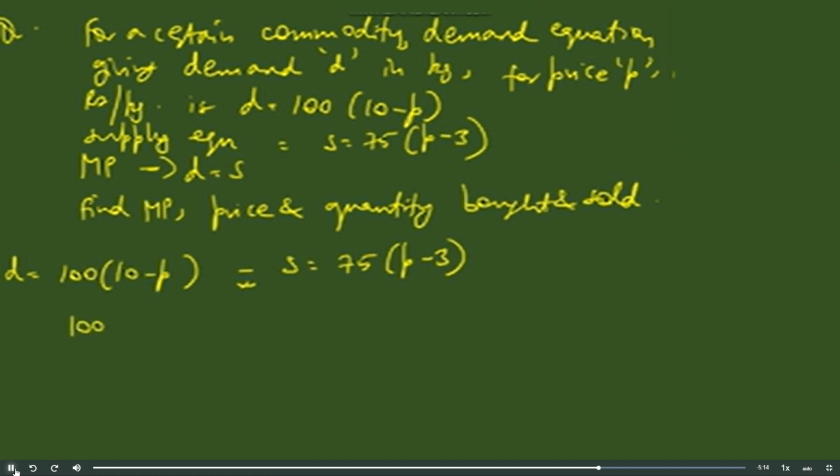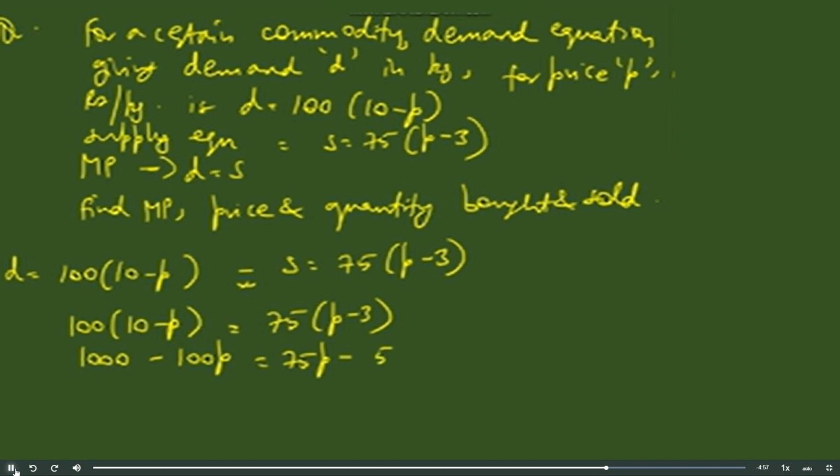Remove D and S, just equate the two equations. 1000 minus 100P is equal to 75P minus 225. So 1225 is equal to 175P. P is equal to 1225 by 175, which is equal to 7. P is equal to 7.